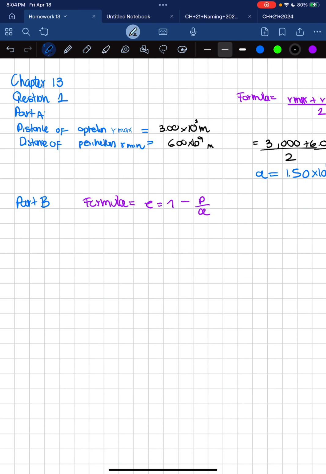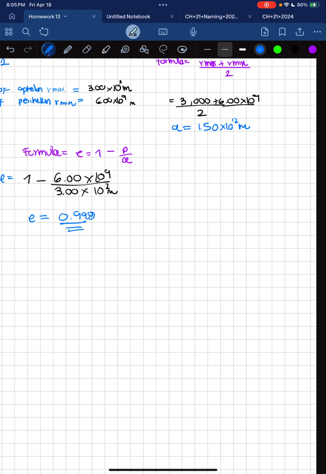So we're gonna have 1 minus 6.0 times 10 to the 9, and then 3 times 10 to the second. When we put that in our calculator, we get that the eccentricity is gonna be 0.99. And this is part B.